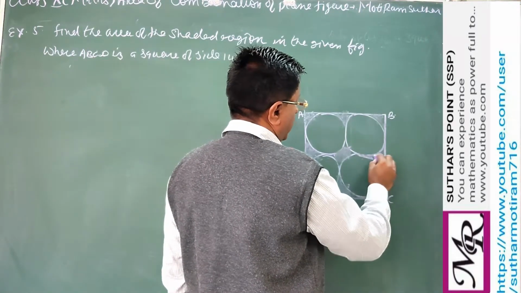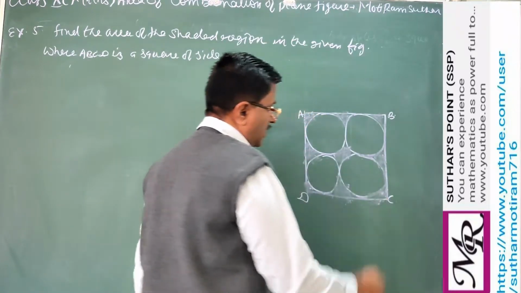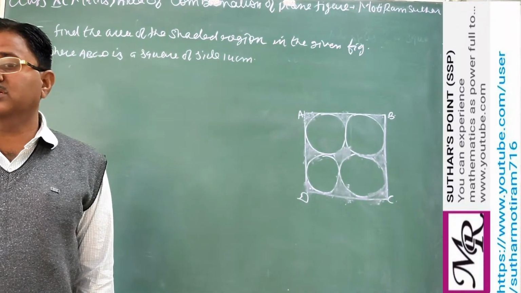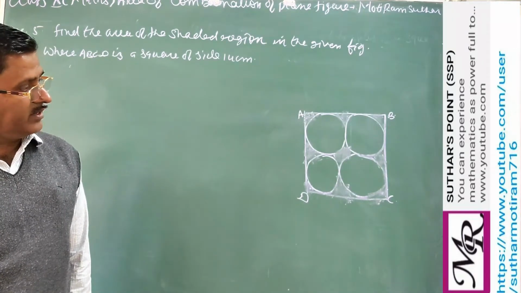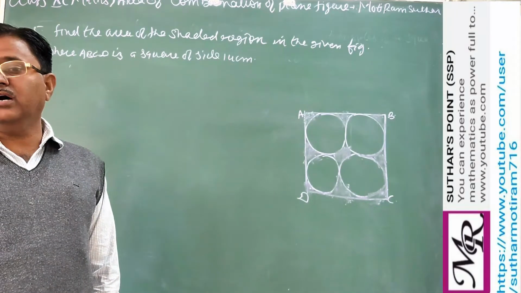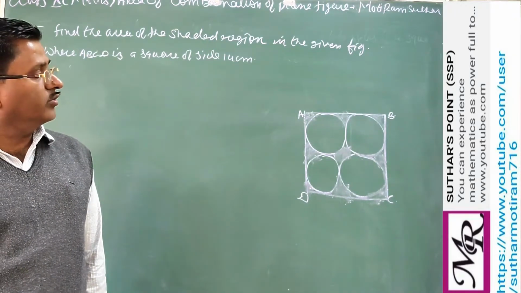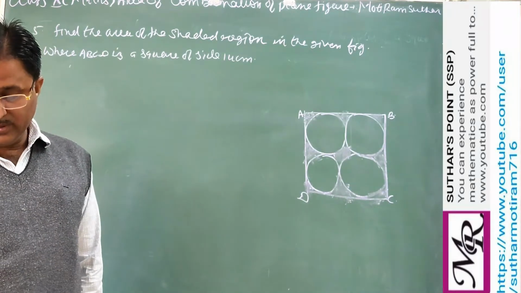The shaded portion is the area of the region which is not inside the smaller circles but lies inside the outer square. Clear?